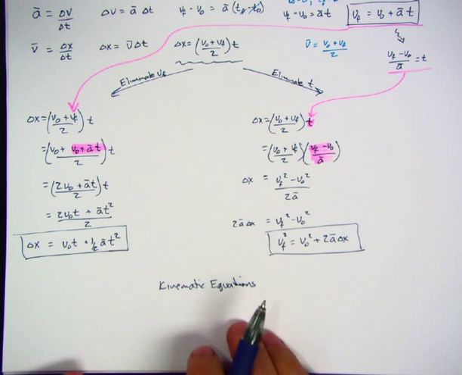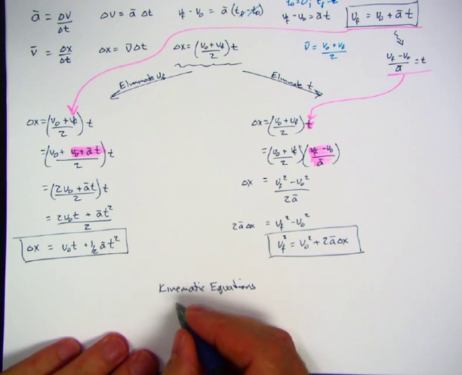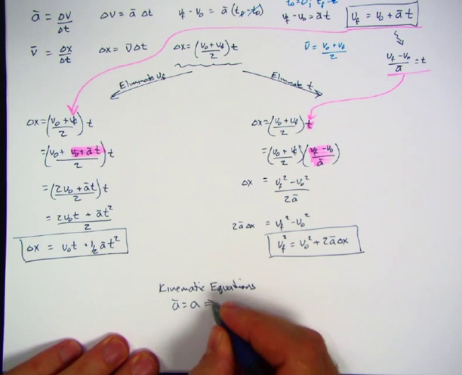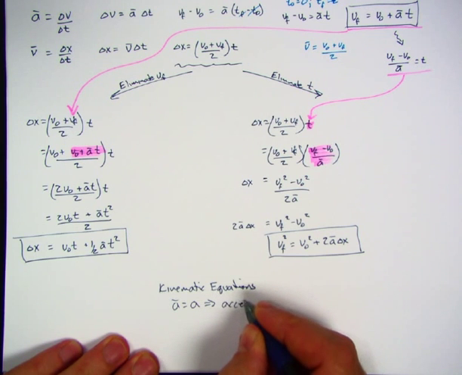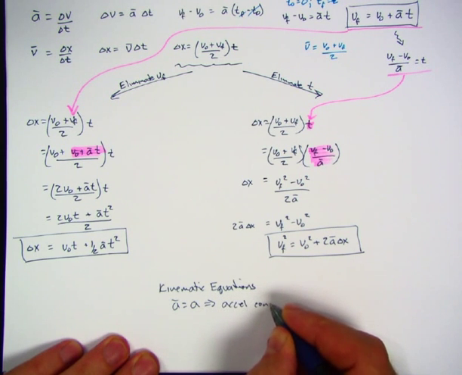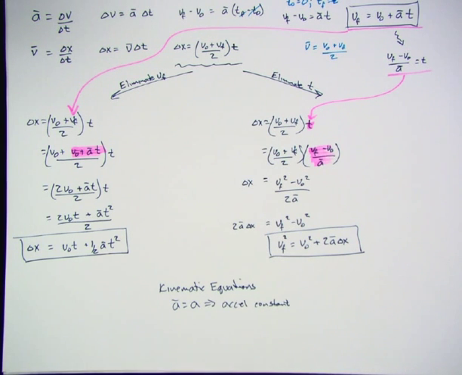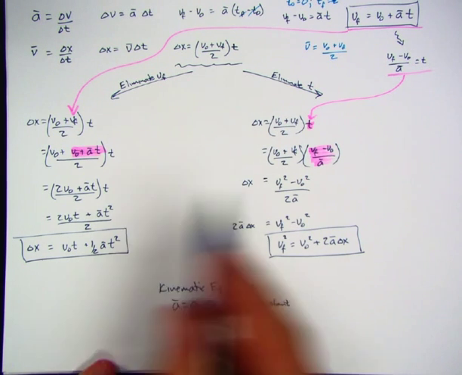We're going to go ahead and just say that the average acceleration is the instantaneous acceleration, which implies that the acceleration is constant or not changing. All right, so it could be constant at 10 meters per second squared, it could be constant at 0, but as long as it's not changing, then we can use these equations.